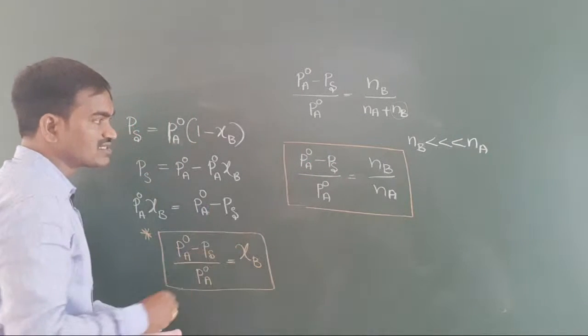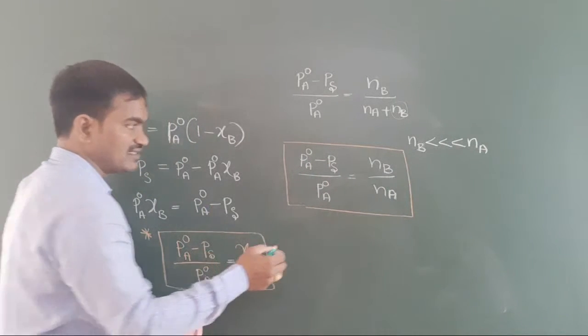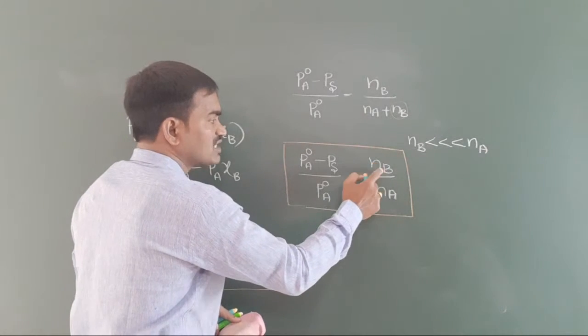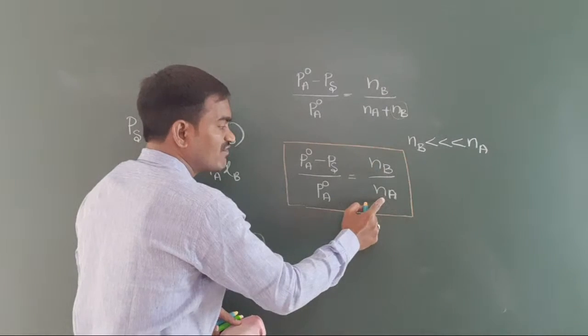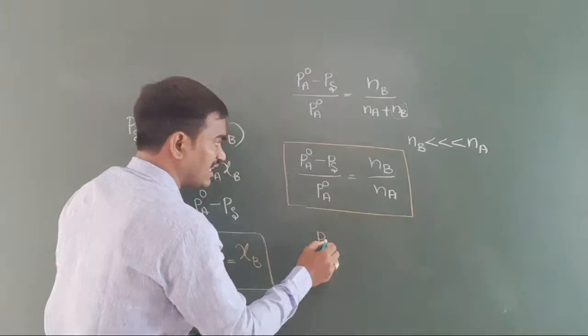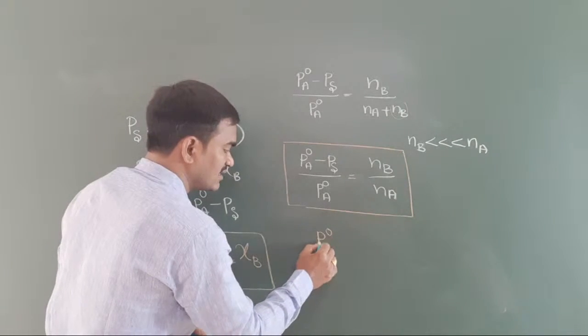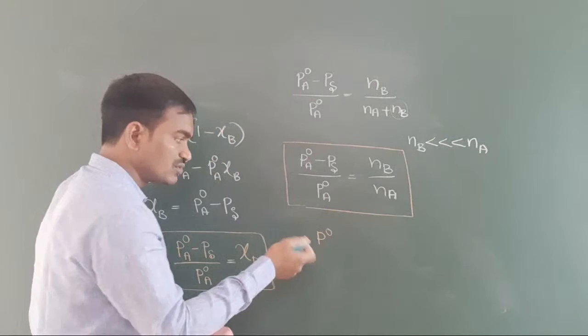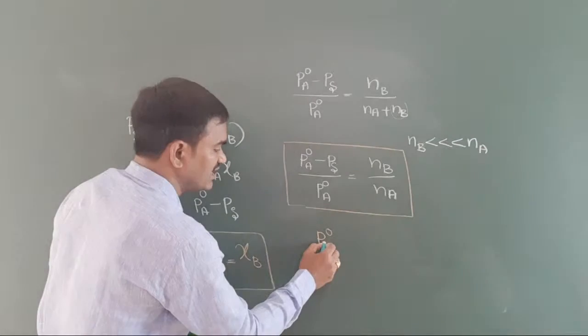Now the overall step we can write like this. Number of moles of solute by number of moles of solvent. Number of moles means weight by gram molecular weight. So that concept we are going to use here now.